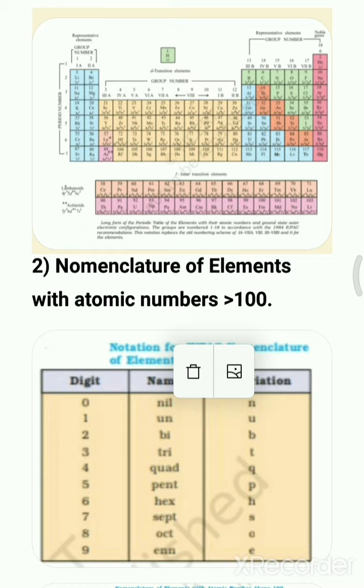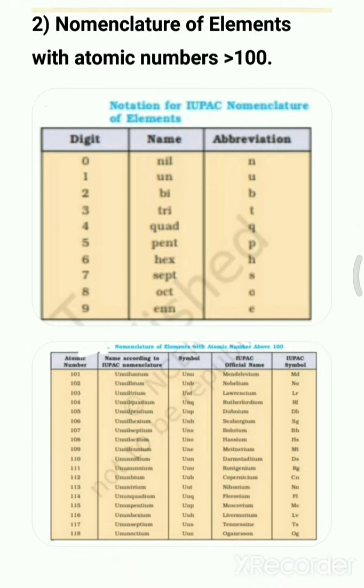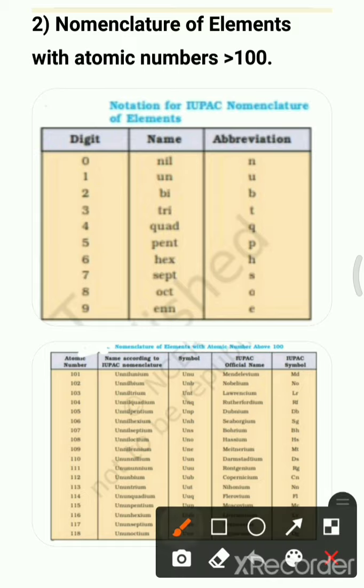So students, you can see in the second table, the nomenclature of elements with atomic number above 100. For example, if the atomic number is 101, the temporary name given is unnilunium, with the symbol UNU, and the official IUPAC name is Mendelevium, with the IUPAC symbol Md.